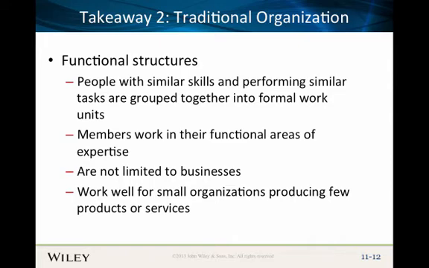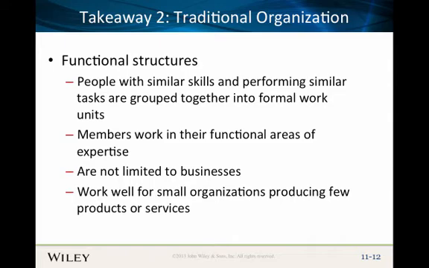And it says here, I want you to pay special attention to this: that works well for a small organization producing few products or services. I want to ask you this question: why do you think that is? Functional structure, as I said, is the simplest form of organizational structuring, and it was the most common form, especially when the concept of an organization was new.